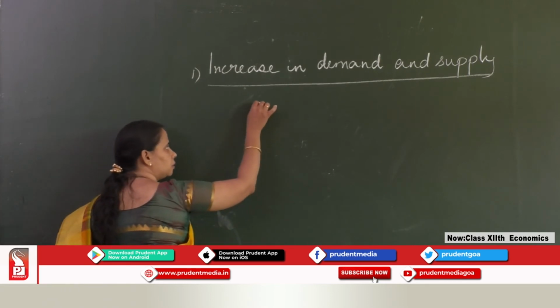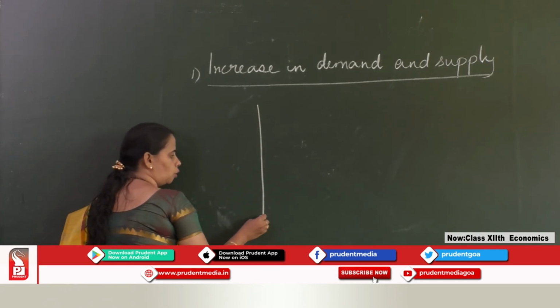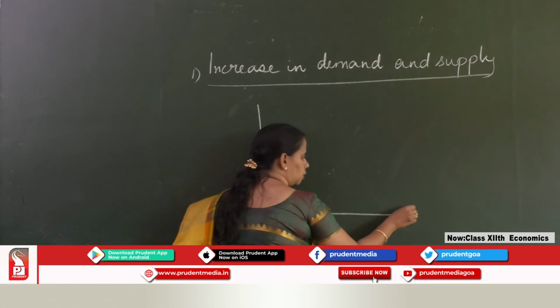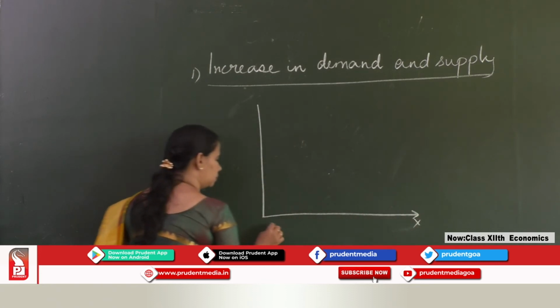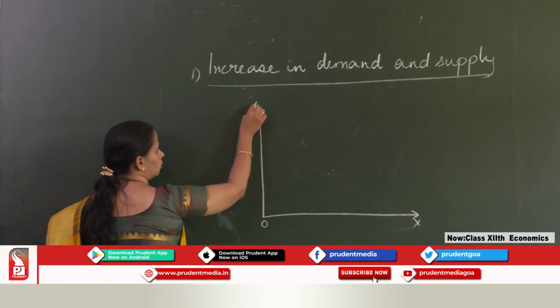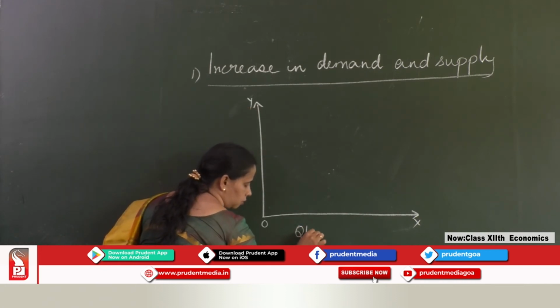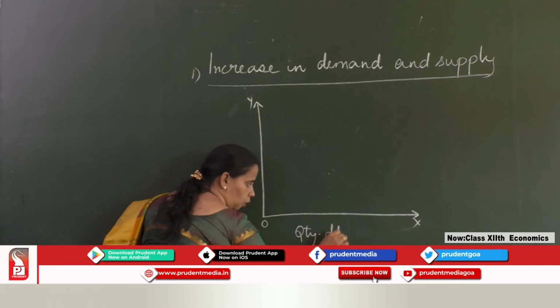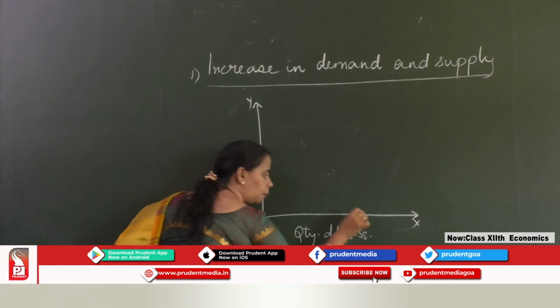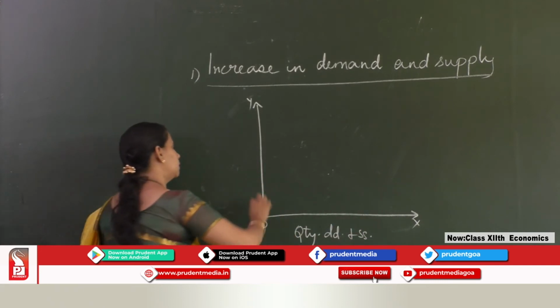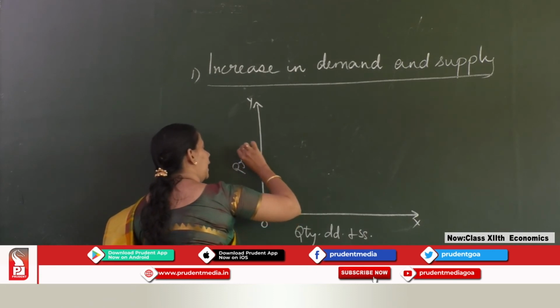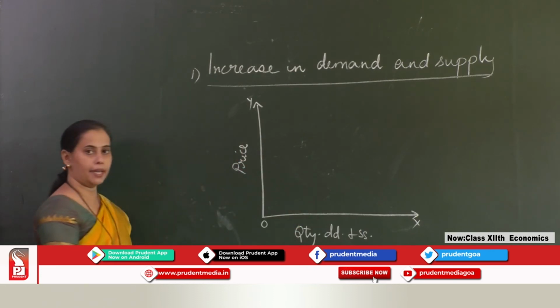So, once again we will draw the basic equilibrium where we have quantity demanded and supplied on the x-axis and the price on the y-axis.